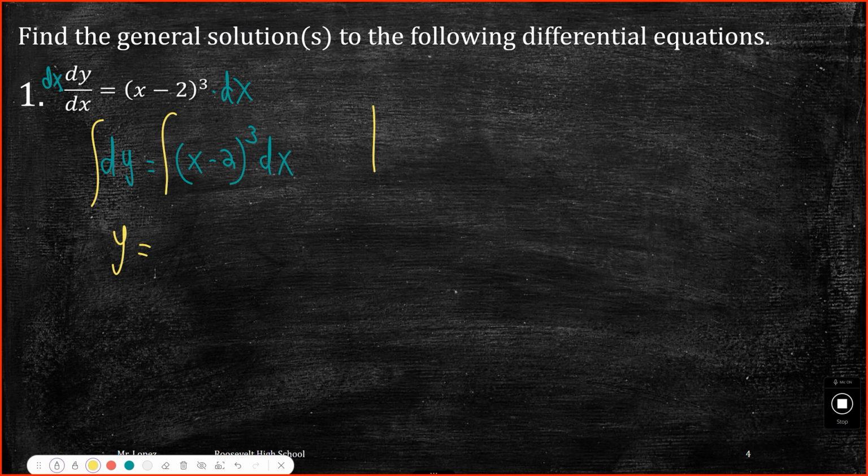If we let u equal that linear part, x minus 2, what's du? 1 dx.